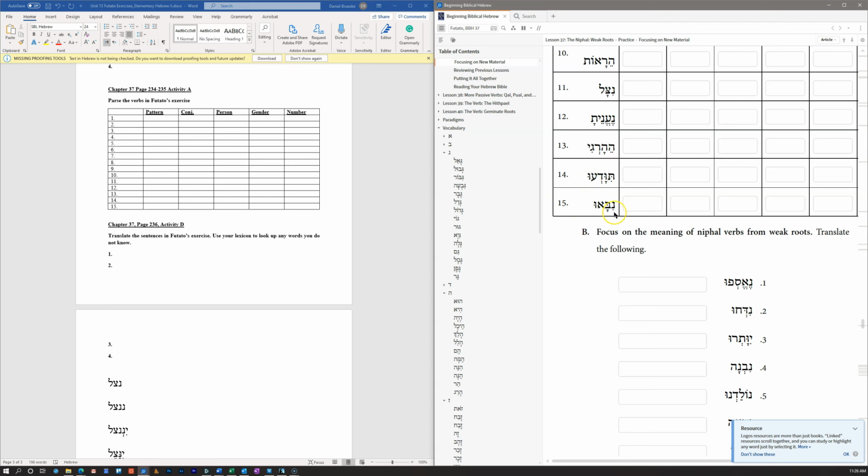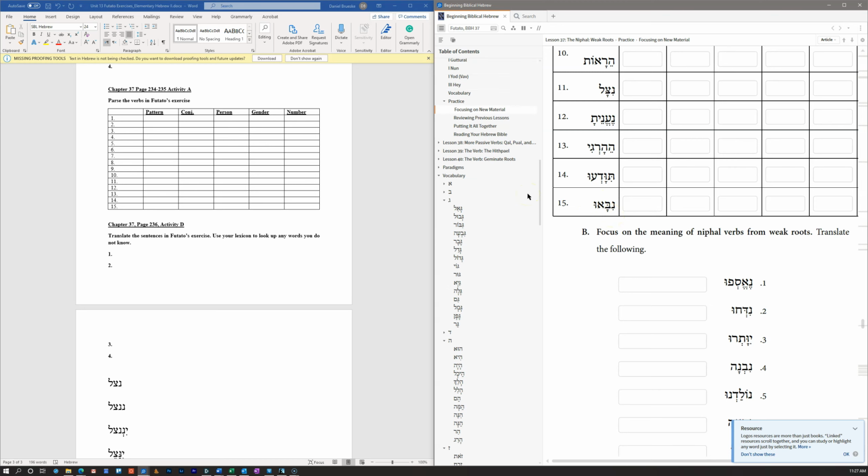And then number 15, we've got naba'u. All right, so this is bo. I'm pretty sure. Did he go over the hollows? Probably because it's not that different from the perfect. It's basically just the Niphal prefix on sort of a perfect. Like, I think the perfect here might have, well, in the plural.